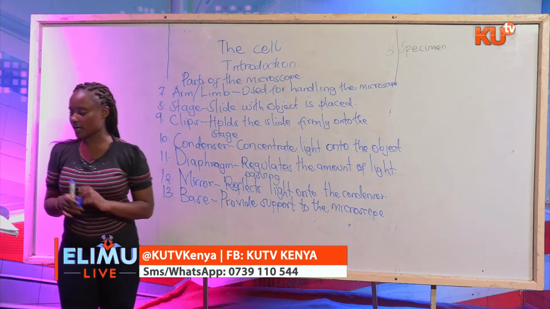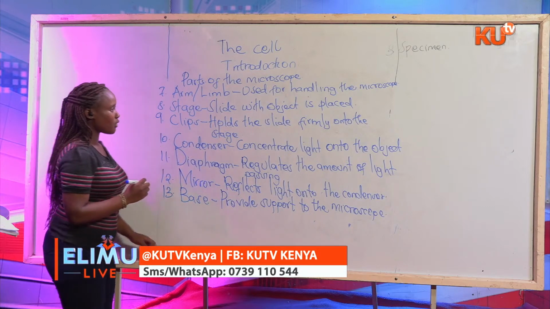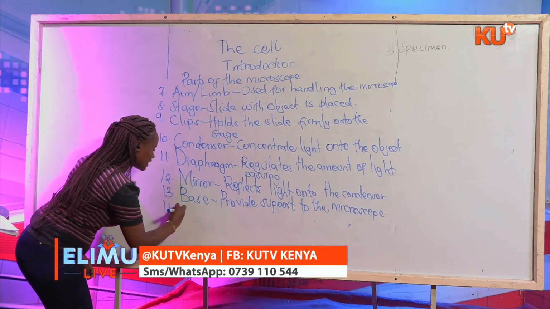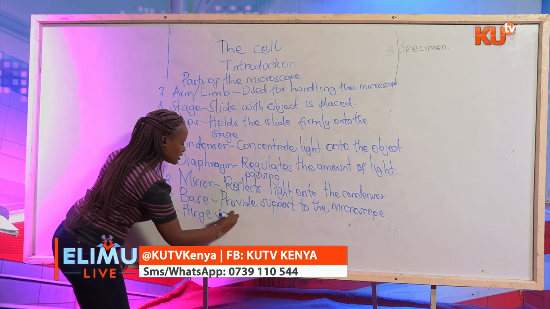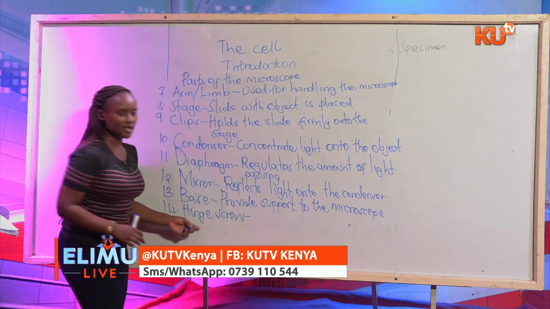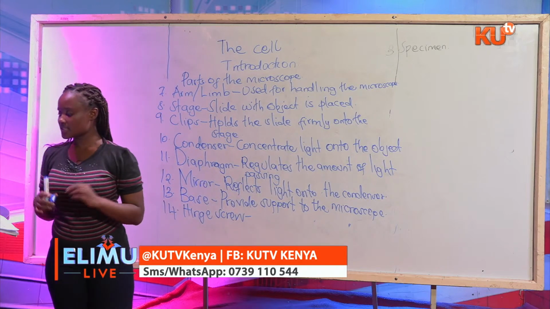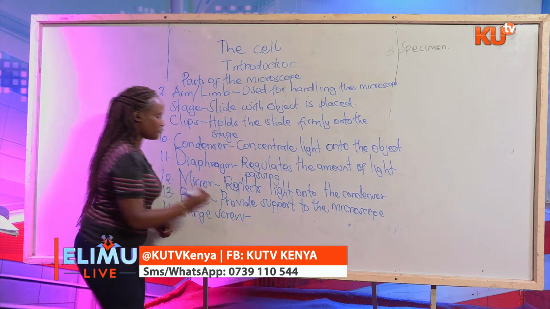And then we have the hinge screw. So our 14th one is the hinge screw. What is the work of the hinge screw? This one fixes the arm to the base.